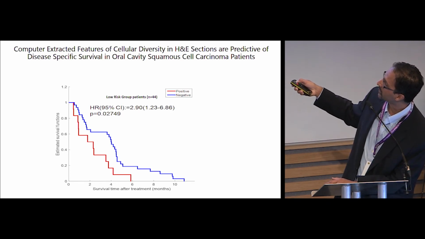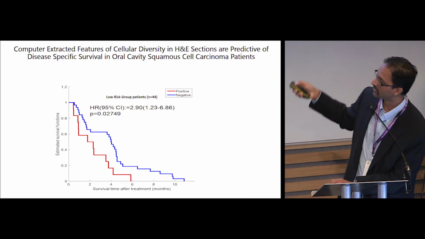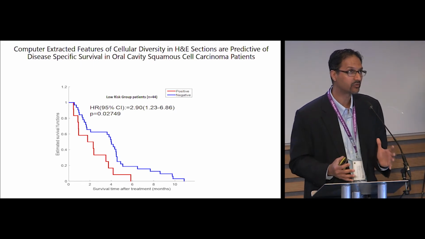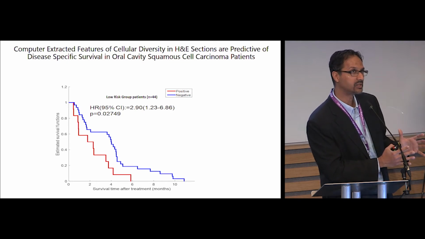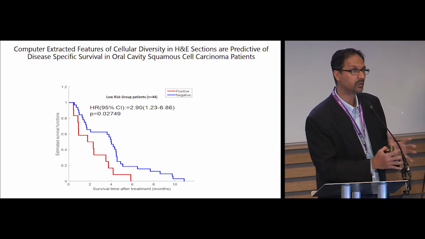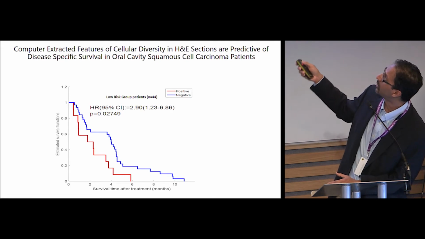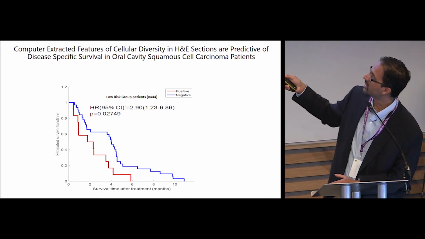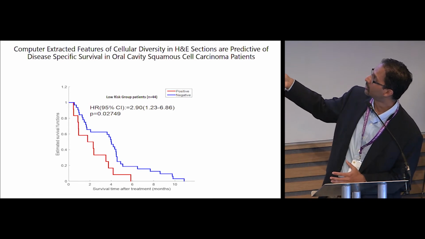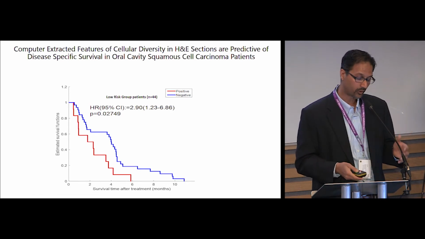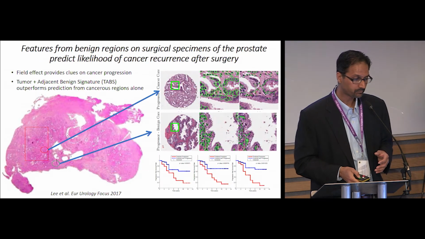This is important because these patients would all have been treated with surgery alone. They wouldn't have received radiotherapy because they were defined by the AJCC criteria as being low risk. But when we looked within the low-risk group alone, there was a distinct subset of patients who were truly high risk, and therefore this subset could potentially benefit from adjuvant radiotherapy.